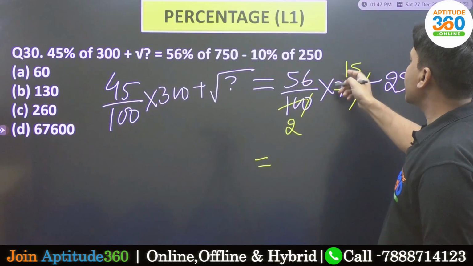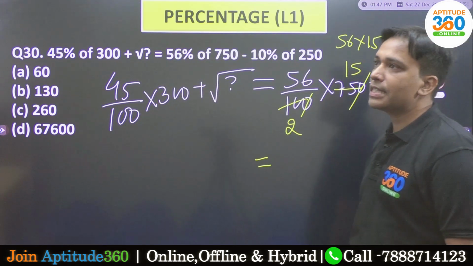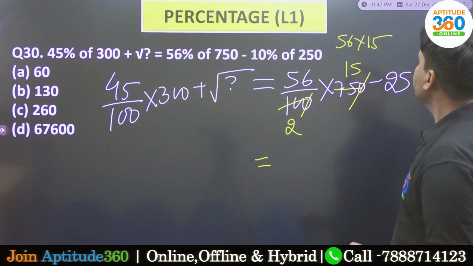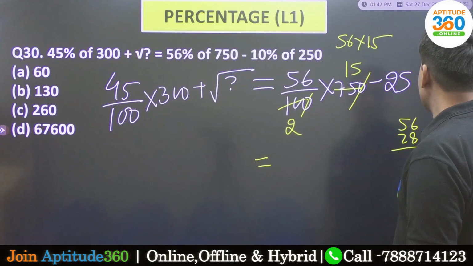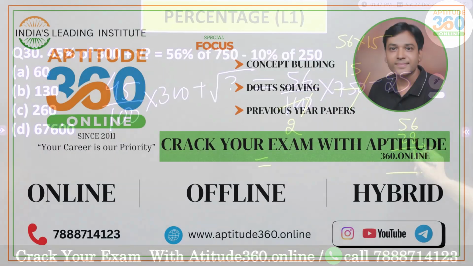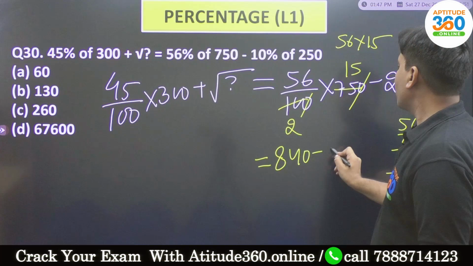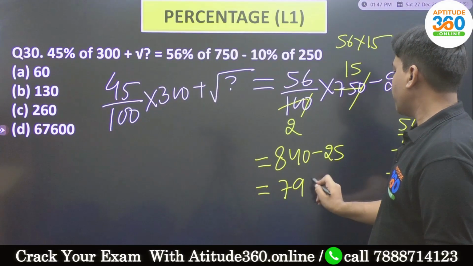So 56 into 15. 56 into 15, how do you simplify this? This is 56 plus 28, isn't it? That is going to be 560, 20. And that value is nothing but 840. 840 minus 25. That is nothing but 795.